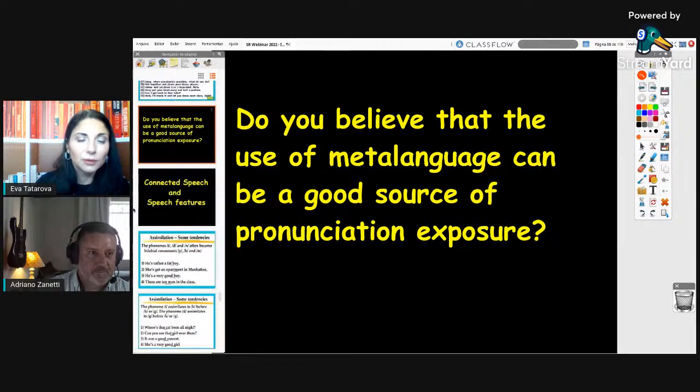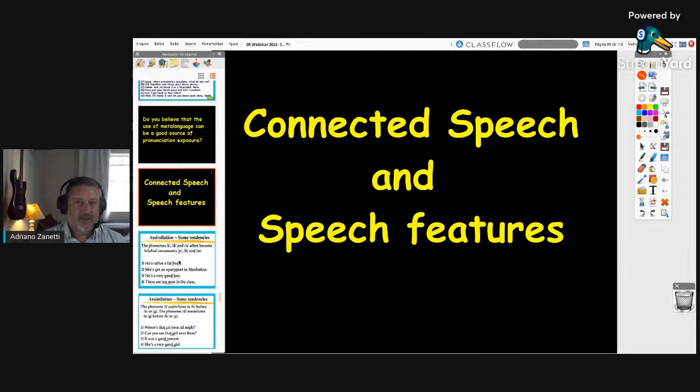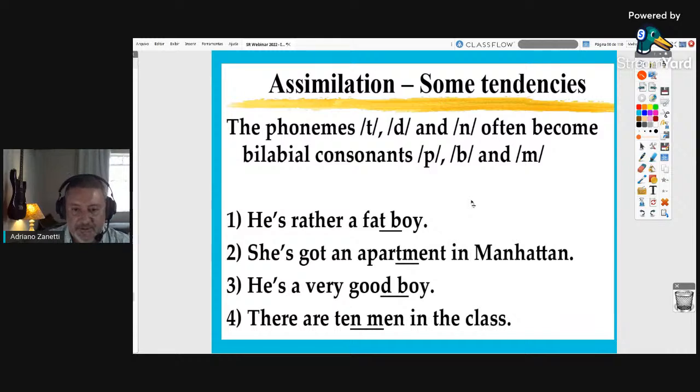Okay. All right. And which brings us to the last part, which is the connected speech and the speech features. So, which leads to assimilation that happens in many languages.